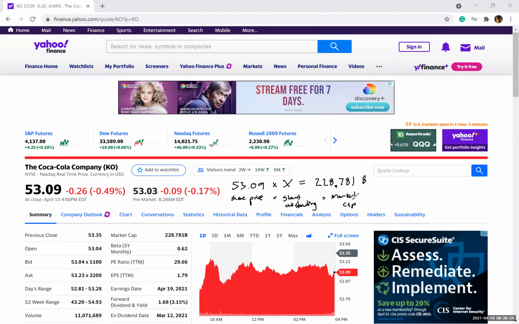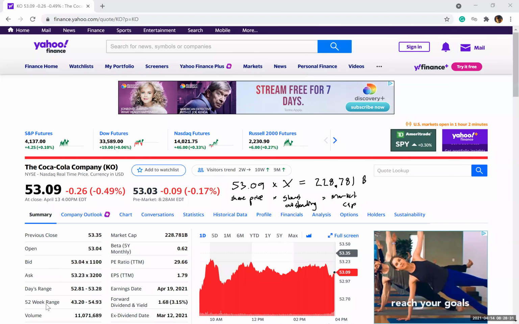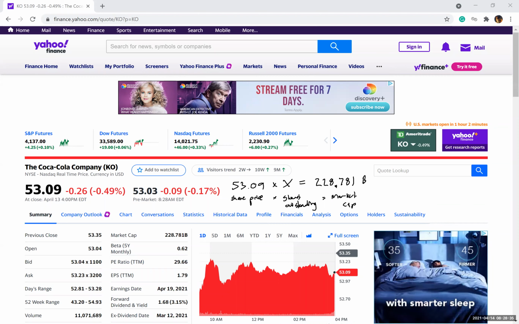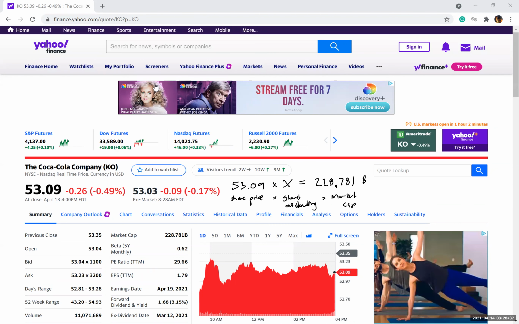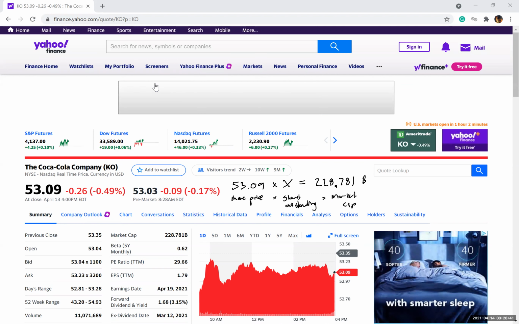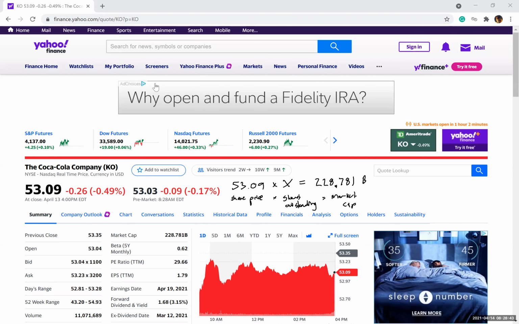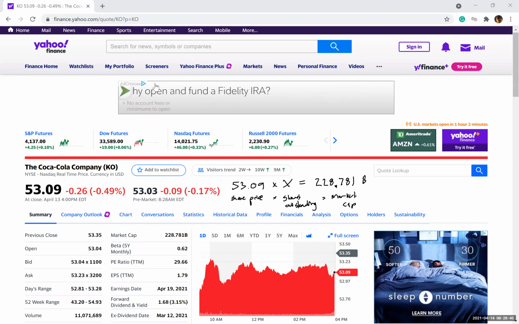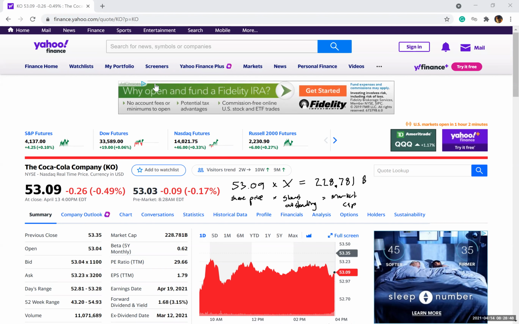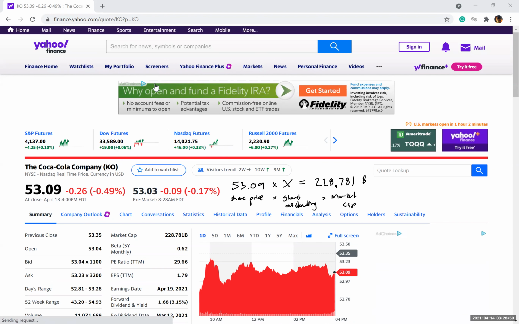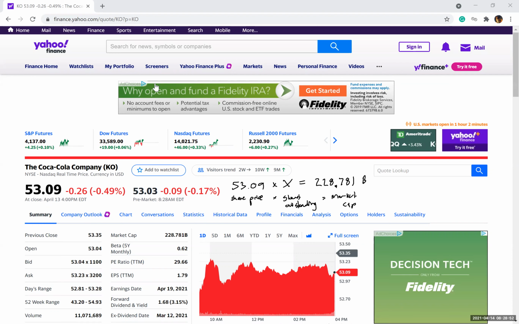So if I go over here to my calculator, and this may not exactly show up on the video, I'm going to solve for X here by dividing 228.781 by 53.09.